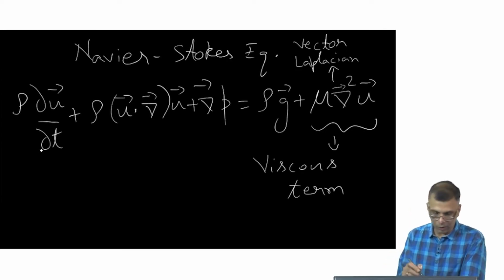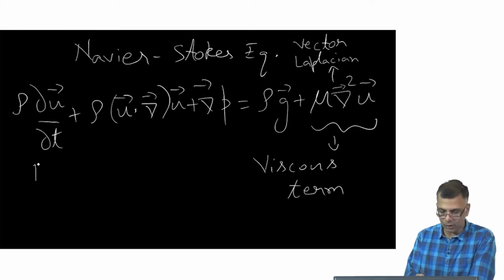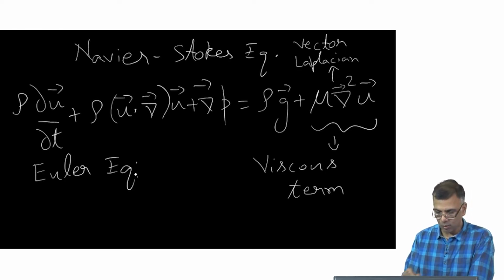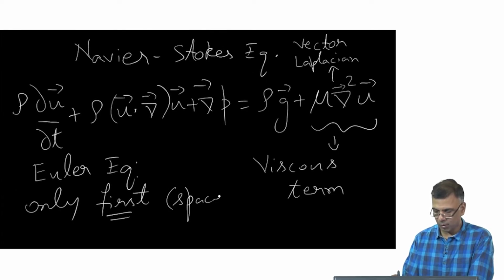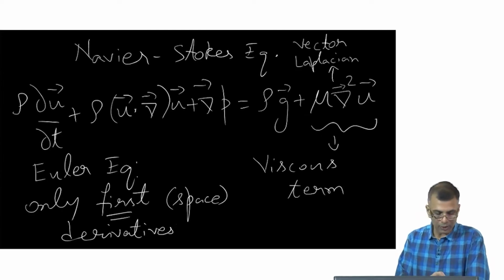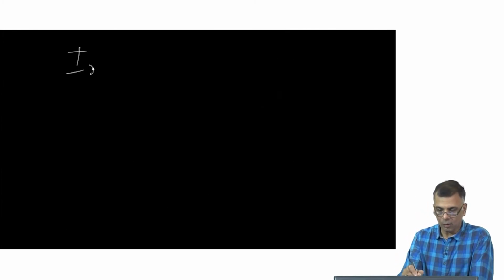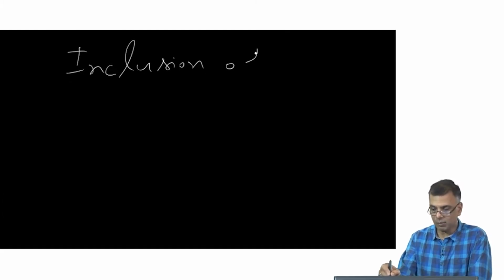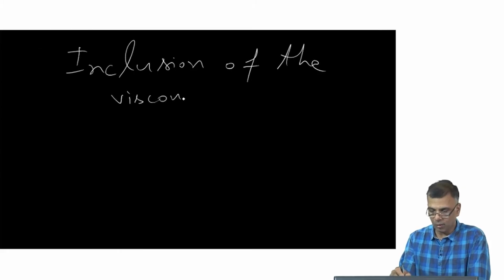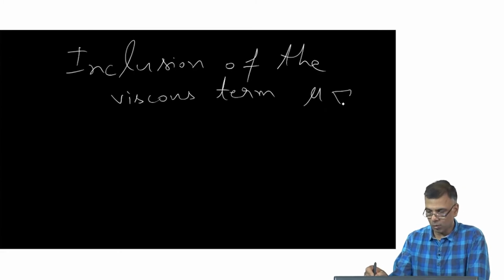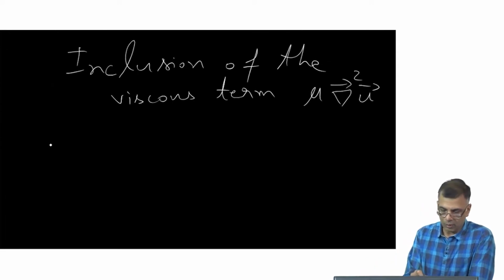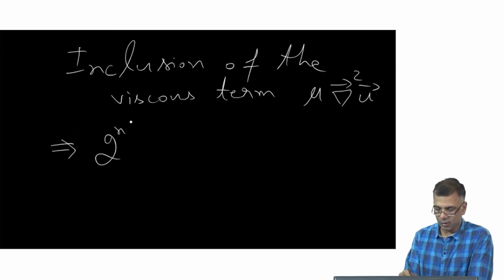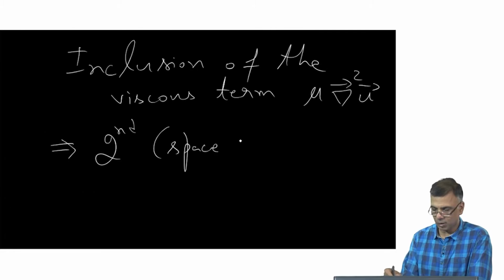So the Euler equation has only first space derivatives, that is evident, whereas the inclusion of the viscous term, mu, gives rise to second space derivatives.